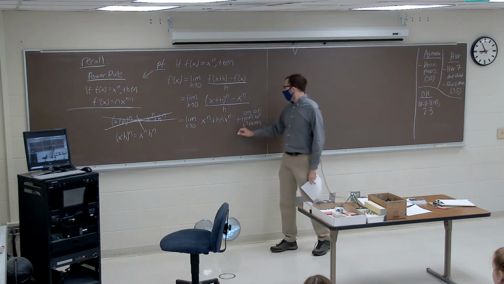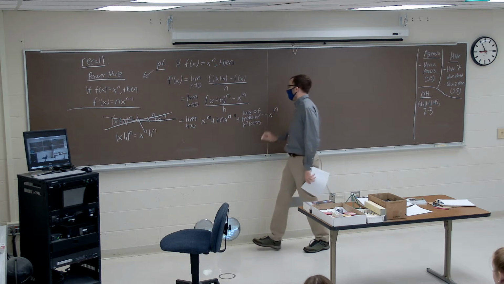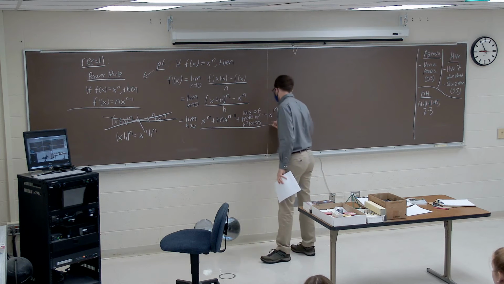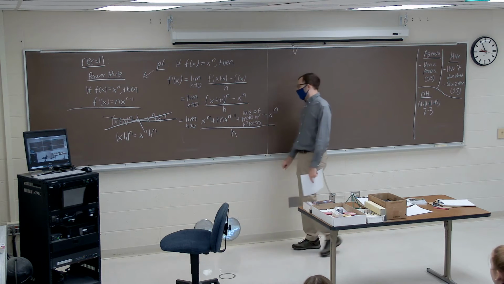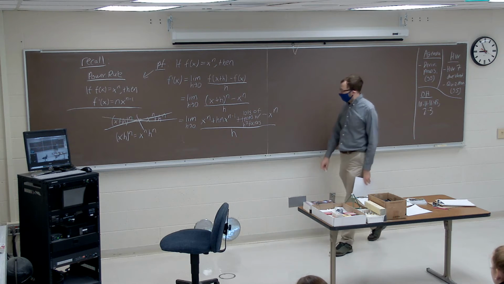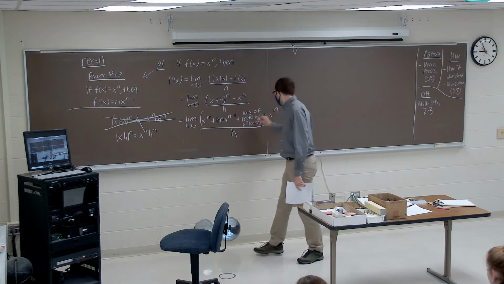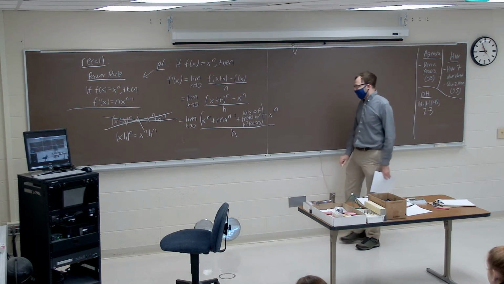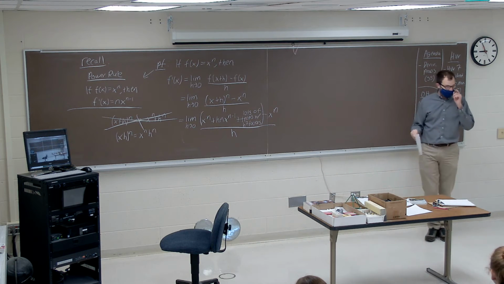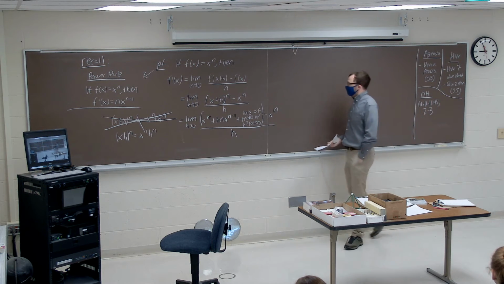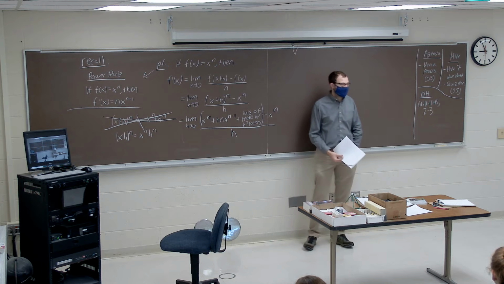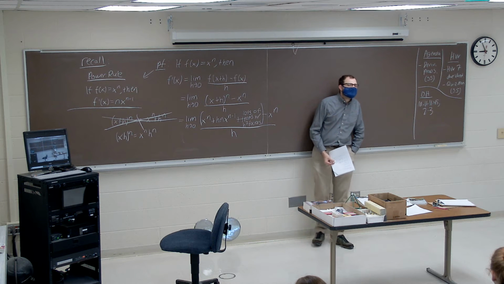So we have all that, and we're still going to be subtracting off x to the n and dividing by h. So this was the expression we got when we took x plus h raised to the nth power, and we still subtract x to the n and divide by h. So what can we do with this expression?